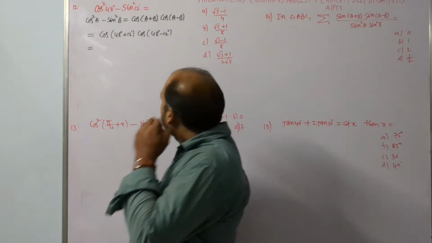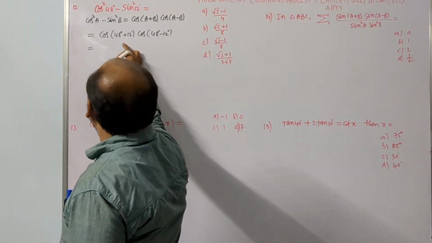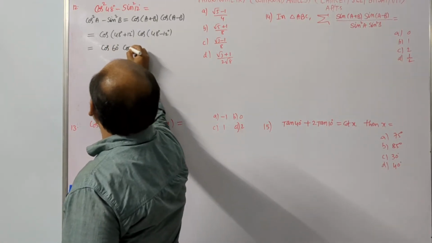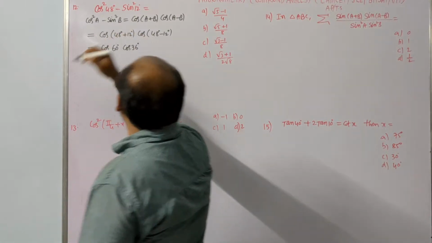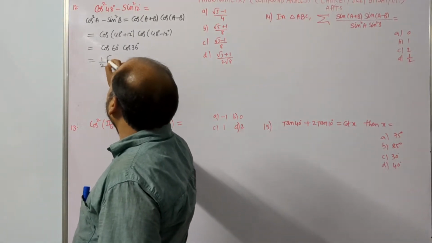Okay. Next, 48 plus 12 cos 60 into cos 36 degrees. So cos 60 is 1 by 2.